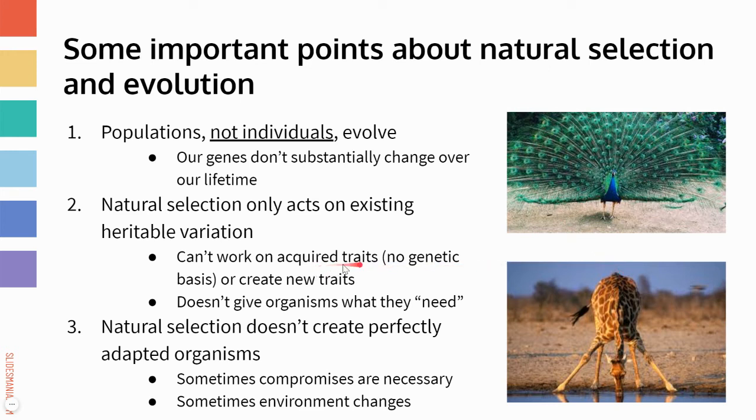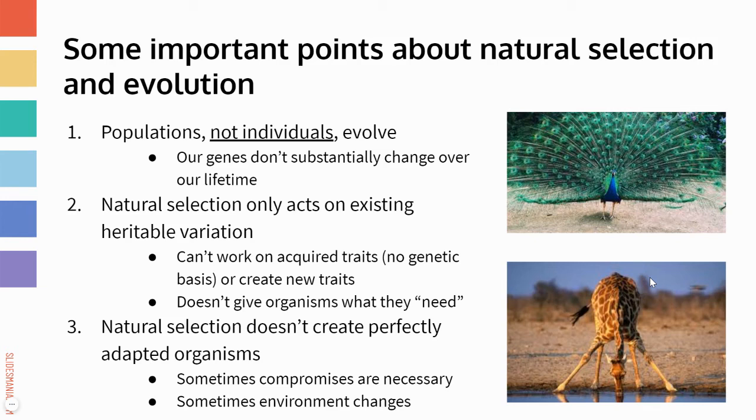So it doesn't work on acquired traits because those traits need to have a genetic basis and it can't create new traits. So it only can work with what already exists in the population. It also doesn't give organisms what they need. Just because it might be helpful to have a certain trait, unless that trait already exists, natural selection can't make it more common.